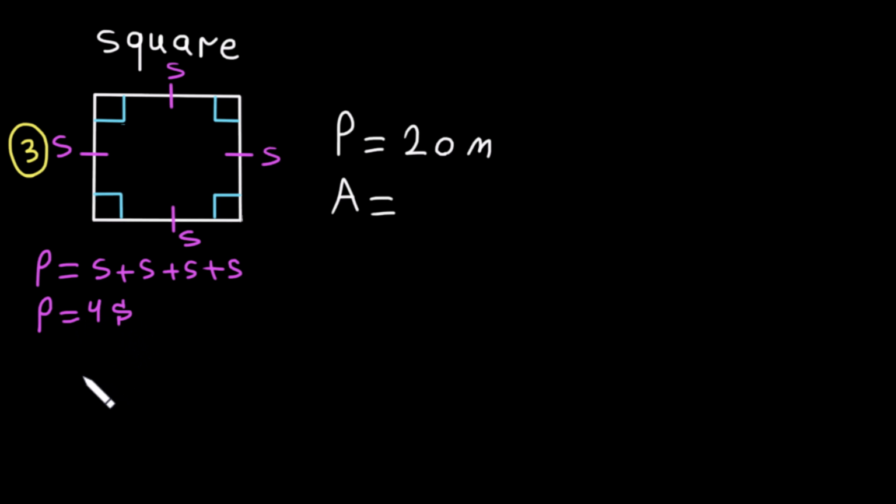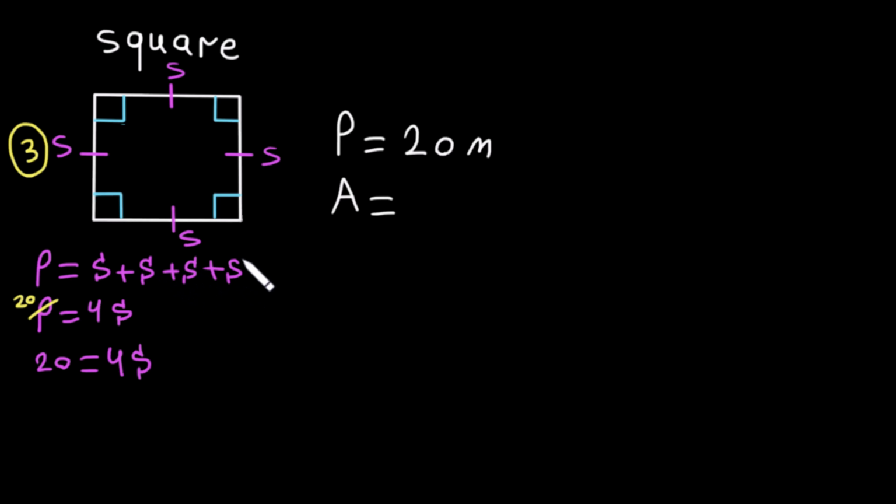Now instead of P, we substitute 20 because it's given that P equals 20. So here 20 equals 4S.